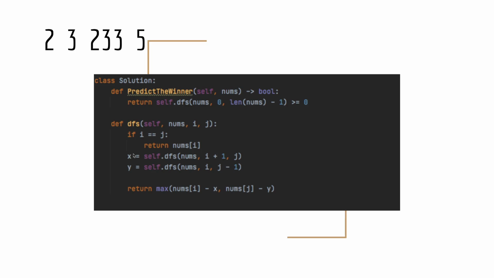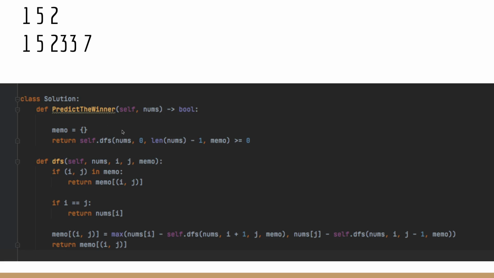Let's go ahead and check out what the code looks like. The code is very similar, and all we have extra is the memo as a hash map. It could be a hash map, or it could be a two-dimensional array to store or cache the value. In this case, I use the hash map. Once we have the hash map, we pass it into the recursive function. If you check the code, it's very similar to the previous one. The only difference is the base case, right?